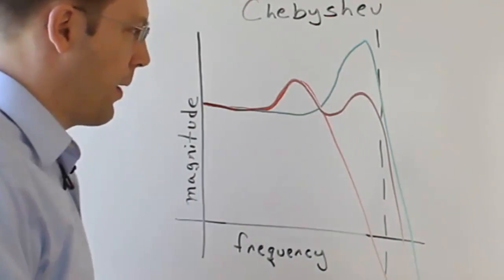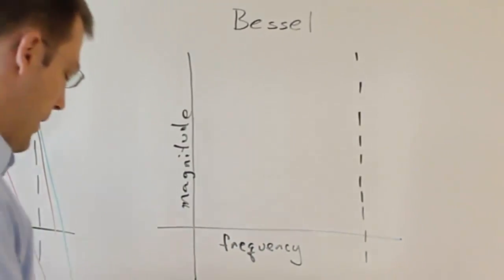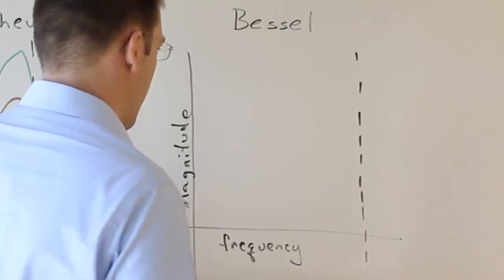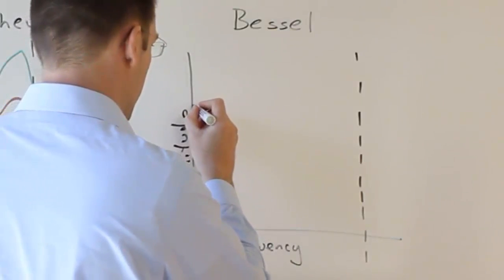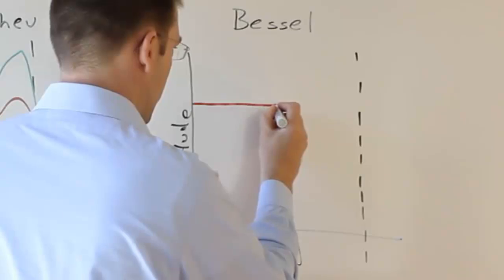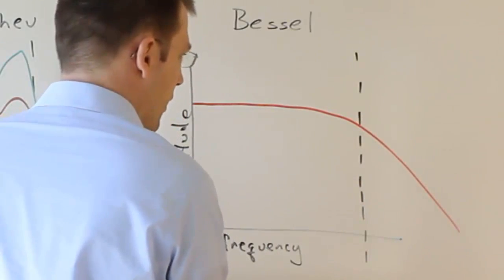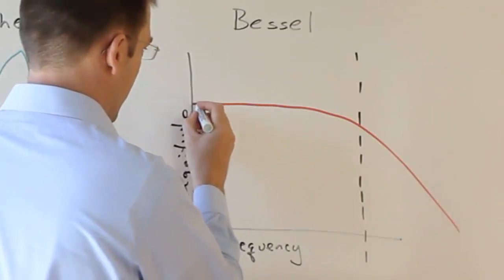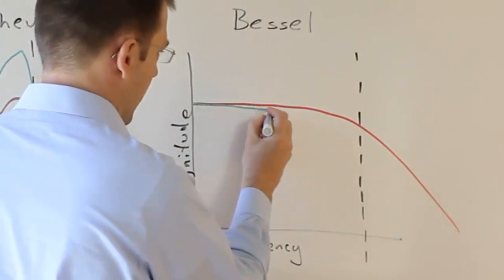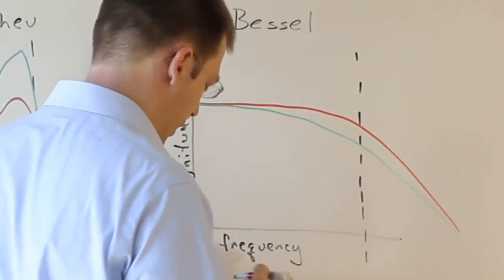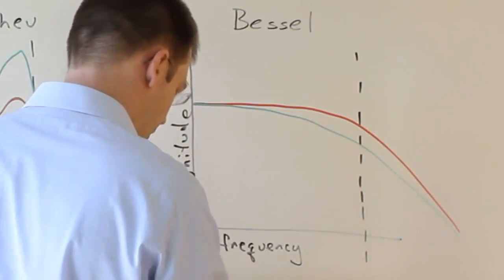So now if we compare that to what we see with a Bessel, if I draw one of the stages, maybe with a Bessel, something like this. And then if I draw another one of the stages, maybe it looks something like this. So you can see we have these very lazy roll-offs.